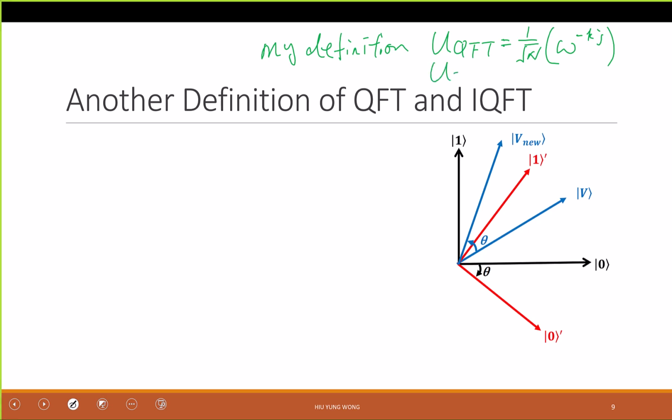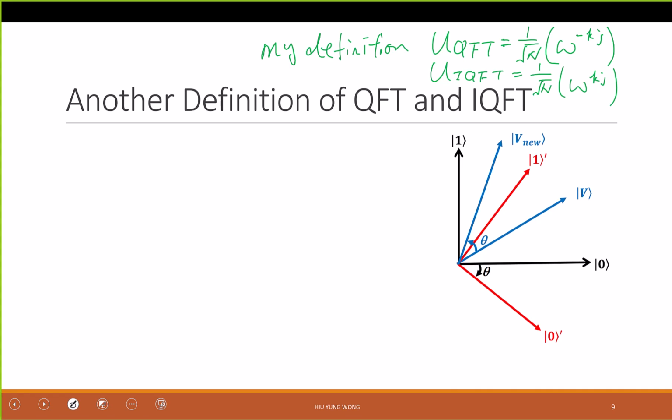Last time I showed you that the inverse quantum Fourier transform is exactly the same form, because the matrix is unitary, and its inverse is just omega kj. This is my definition. Why do I define it this way? Because this is the same as the discrete Fourier transform.